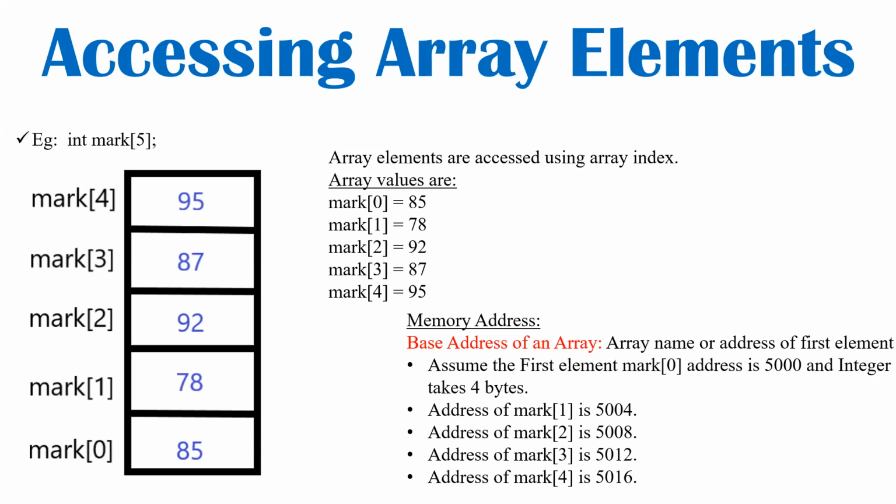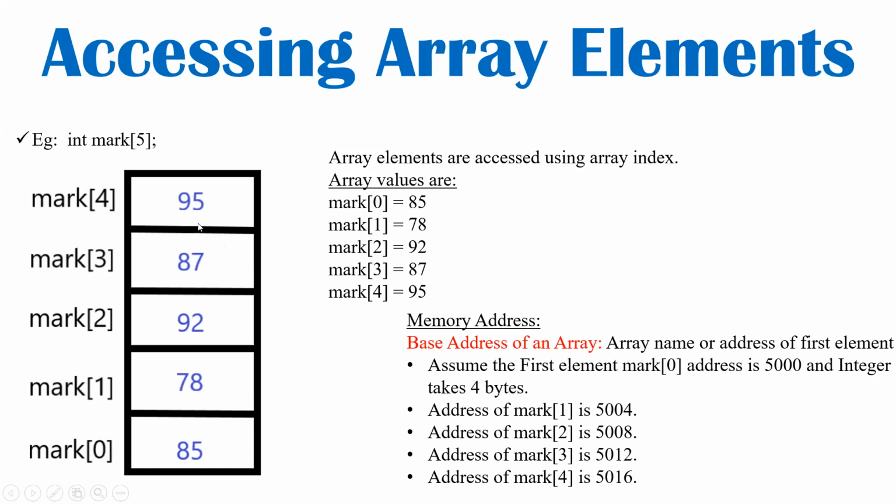If it is 4 bytes, it will increment by 4. If it is 2 bytes, it will increment by 2. This differs based on the processor and compiler. So this is the address of each element in this array according to this assumption. To find each element address: base address plus index of that array.